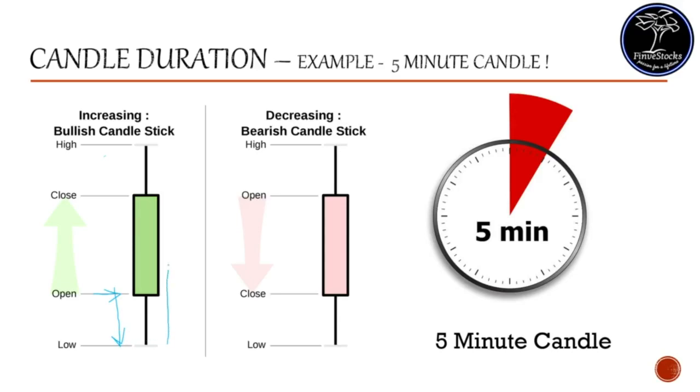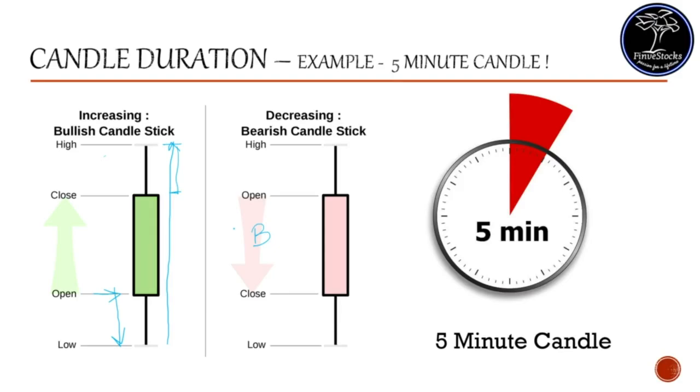From there, it starts moving up to a high point. From there, it comes back to the close. So as the closing is above open, it is a bullish candle. Similarly, if the close is below the open point, it's called a bearish candle. And the overall duration for this candle is 5 minutes.